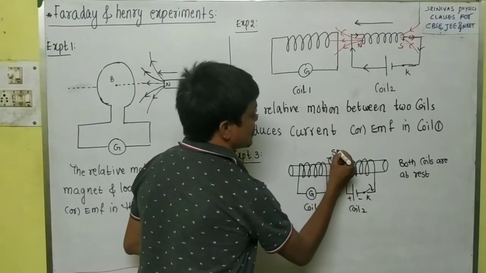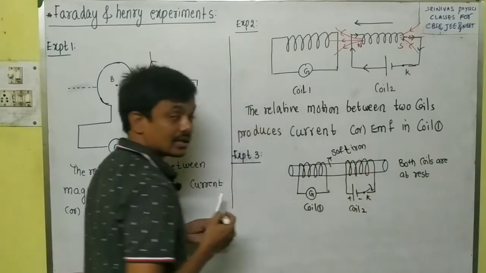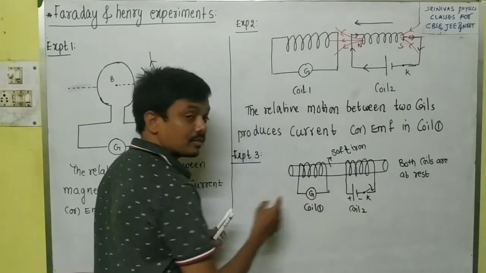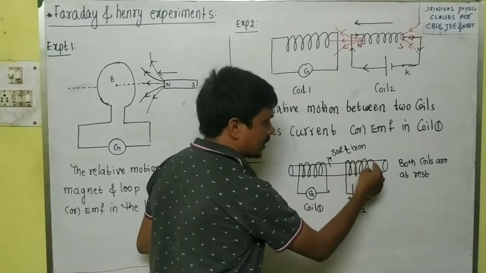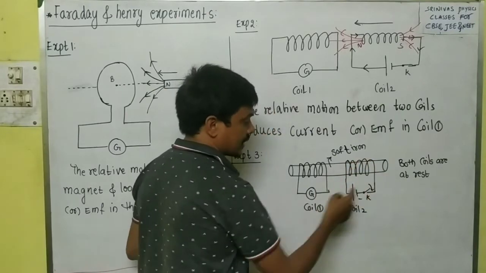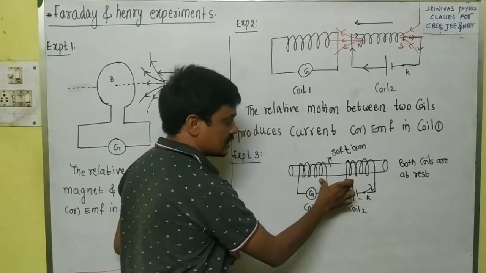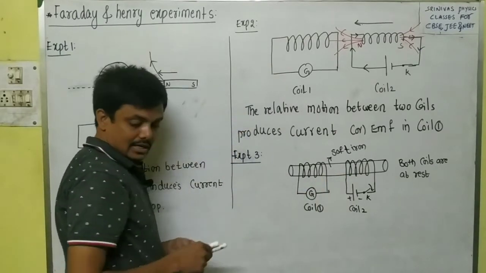I will explain the arrangement. This is one insulated copper wire, connected to the galvanometer. This is another insulated copper wire, connected to the battery and a plug key. There is no direct link between these two coils. And why we are using these two coils, I will explain.